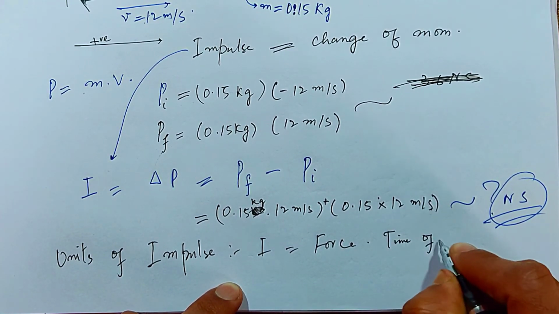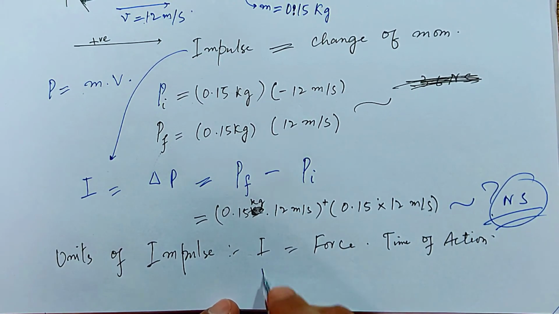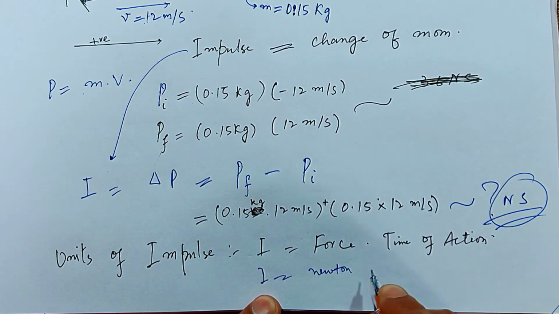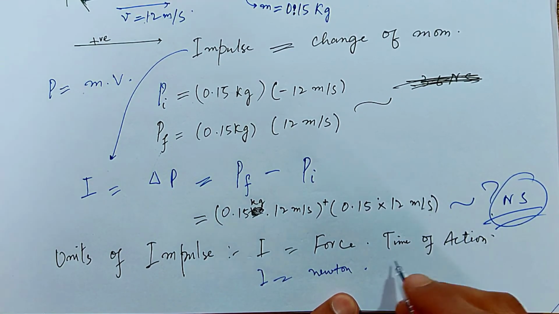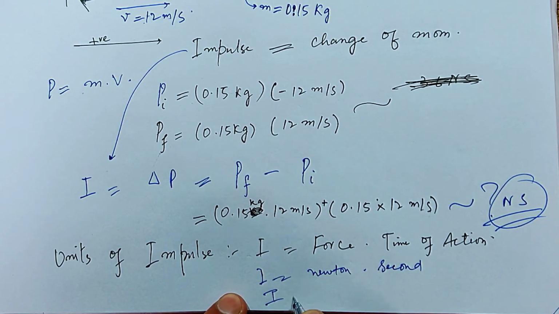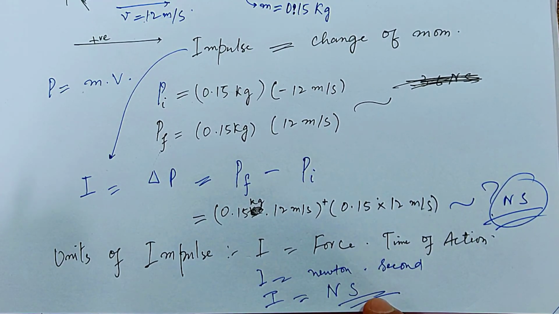What is the unit of force? It's Newton. And what is the unit of time of action? Time has the unit second. So the unit of I is equal to Newton second. That's as simple as it is.